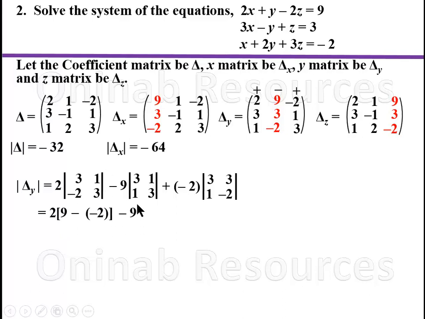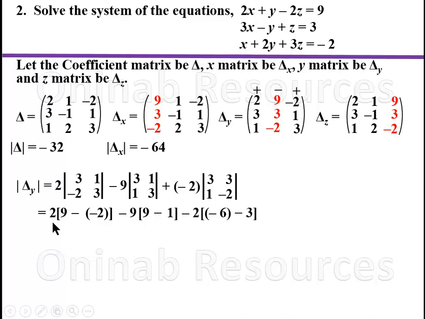This is negative 9. 3 times 3 gives 9, minus 1 times 1 is 1. This is positive, negative gives negative 2. 3 times negative 2 gives negative 6, minus 1 times 3 gives 3.